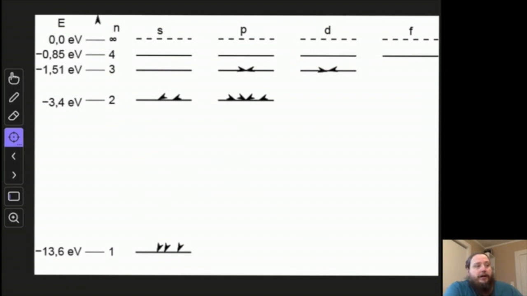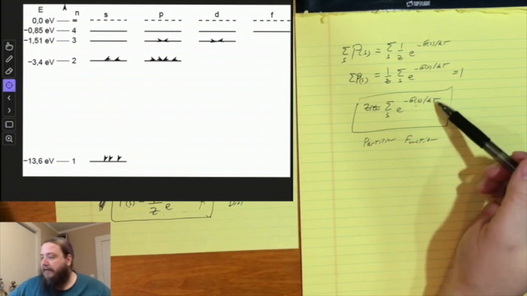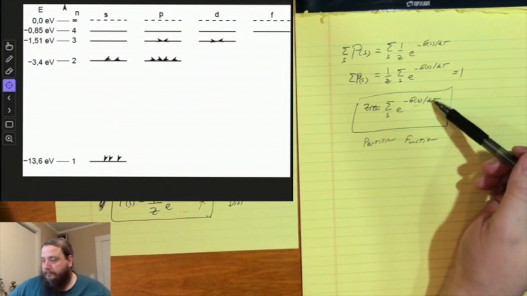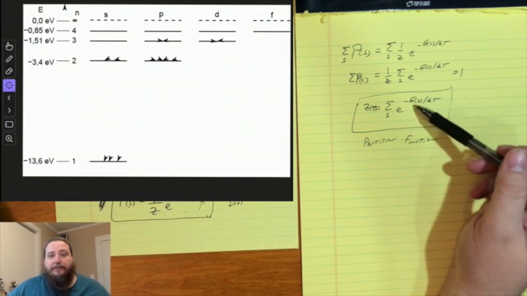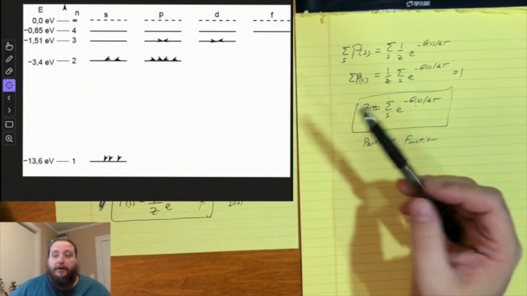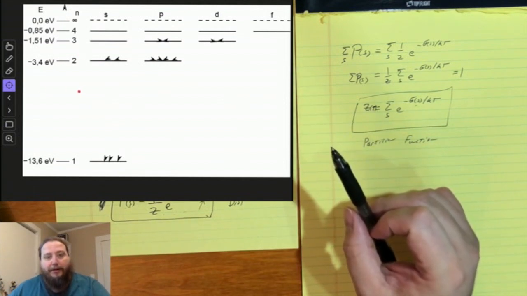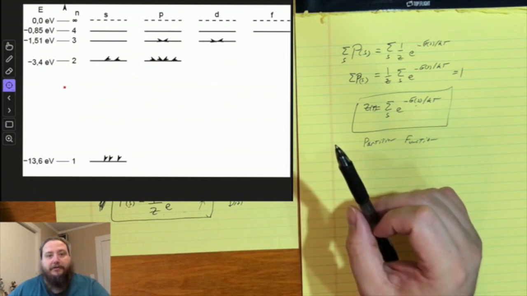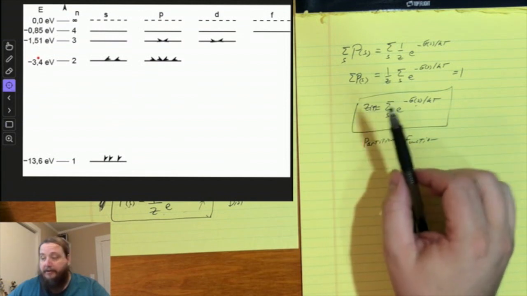Although you can make pretty decent approximations, for instance, at low temperatures. Again, if the temperature is low, then for most of our system, if we're talking about the low temperature distribution of hydrogen, there's a great big gap between n equals 1 and n equals 2 here, for instance.